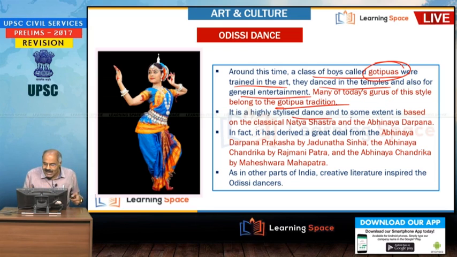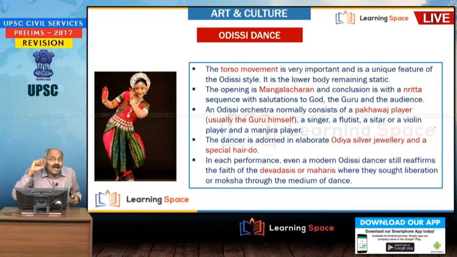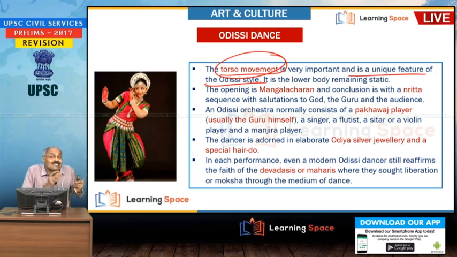This highly stylized dance is, to some extent, based on the classical Natya Shastra and Abhinaya Darpana, please don't forget. And the torso movement is very important in Odissi dance. This torso movement means the movement keeping the lower body static. This torso movement is a very important and unique feature of the Odissi style.